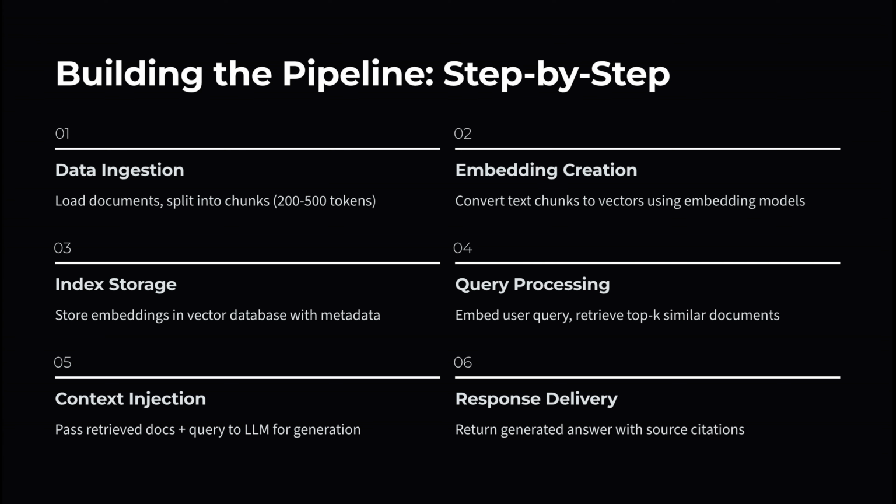When a user asks a question, you embed that query the same way. Retrieve the top K most similar chunks and pass both the question and the retrieved context into your model. The LLM then generates a final answer backed by the retrieved sources.